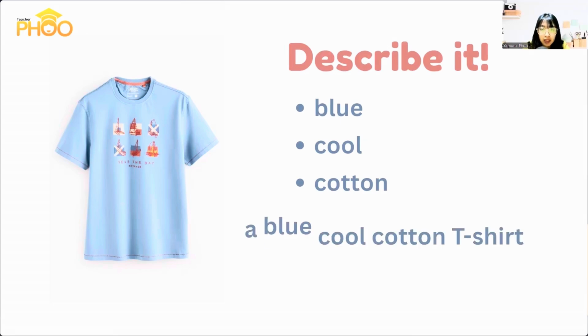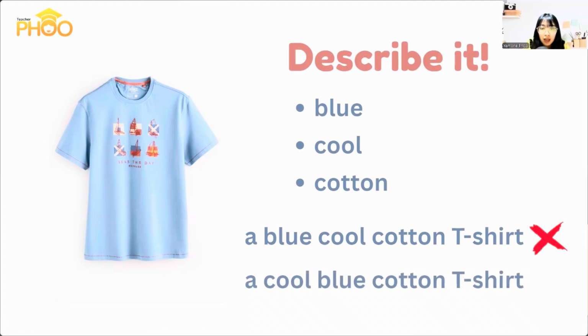For example, a blue cool cotton t-shirt. Will you describe it like that? It sounds a little bit strange, right? So it's not correct. Actually, the correct order is a cool blue cotton t-shirt.